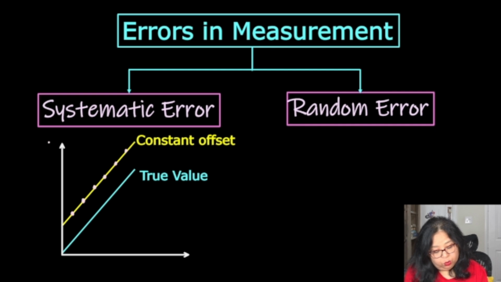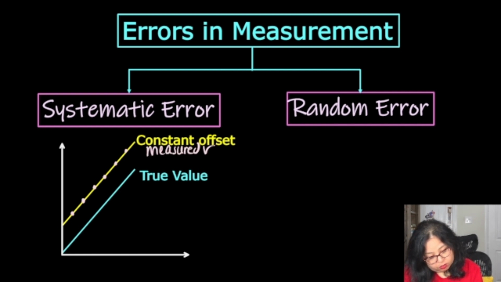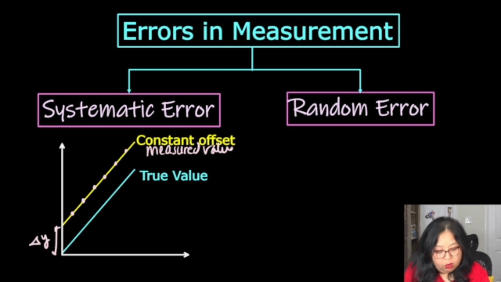So between the blue line, which is for the true value, and the yellow line for the measured values, there's this constant offset. There's this y offset. So this is a systematic error because all of the measured values are pushed off to one side. There's a pattern in the way that they're pushed away from the true values.